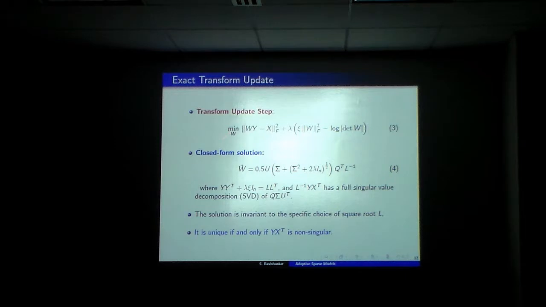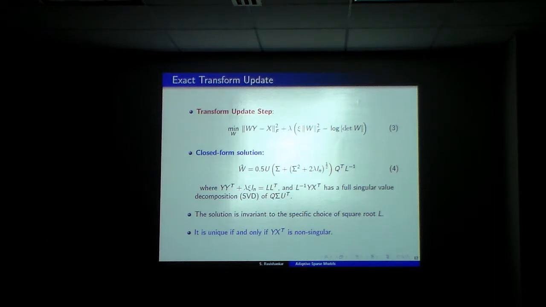To compute the solution in closed form, you need to compute a bunch of square roots or singular value decompositions. For example, you need to compute the square root of this matrix, YY transpose plus this scaled identity, and that is this L matrix. And you need to compute a singular value decomposition of L inverse times Y X transpose. Y is the data, X is the sparse code matrix. Once you compute these quantities, you can compute the solution for this problem in closed form.